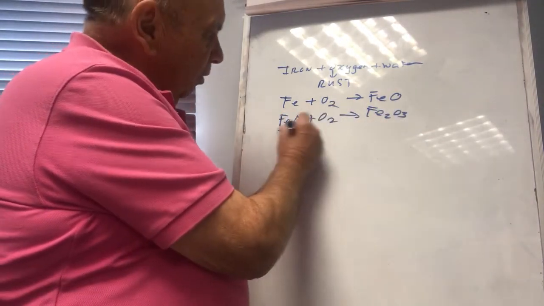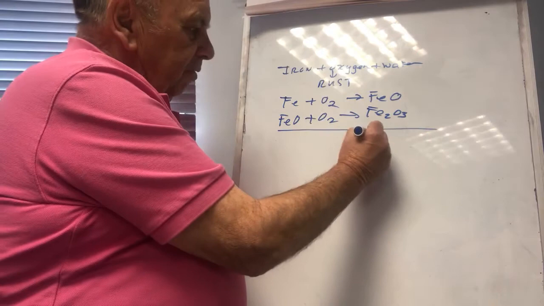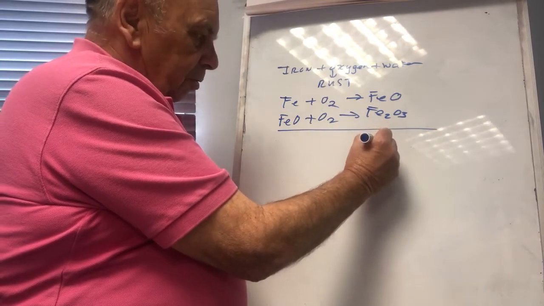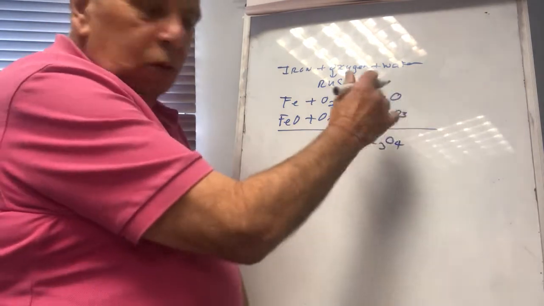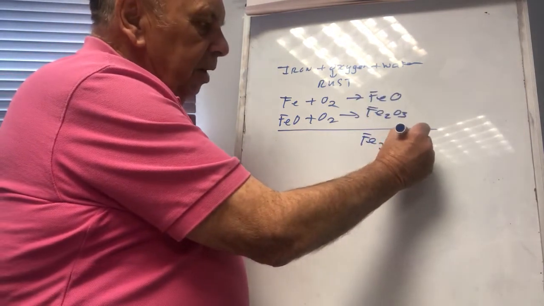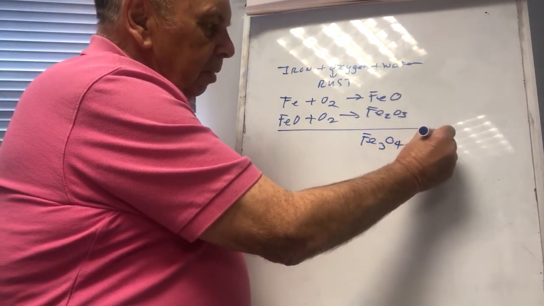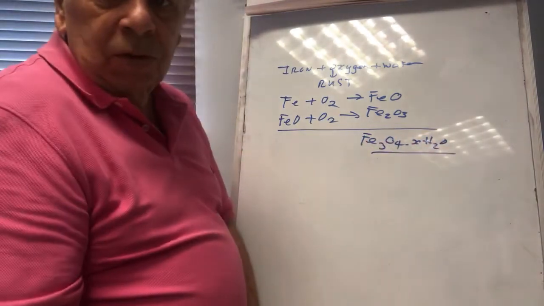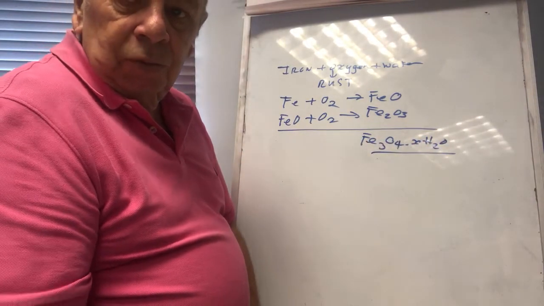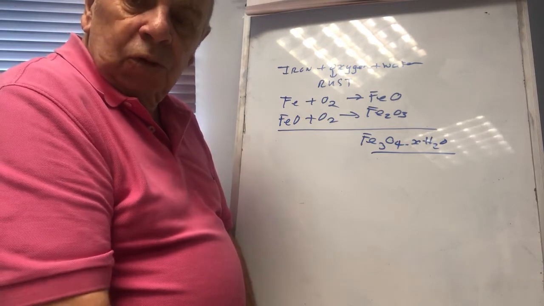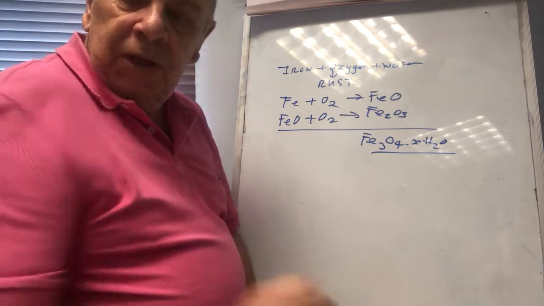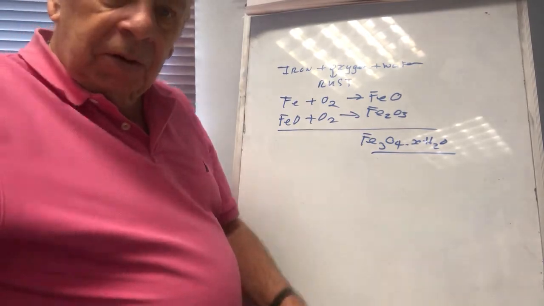Add them together and you get Fe3O4. Plus there's water involved, so I'm going to put an x, H2O. So that is what rusting's about: oxygen and water vapor or steam makes iron corrode.